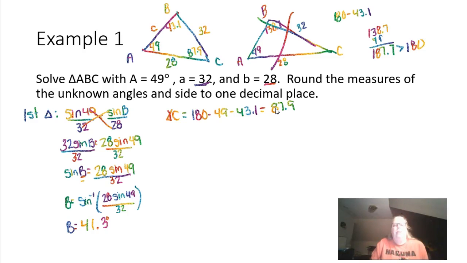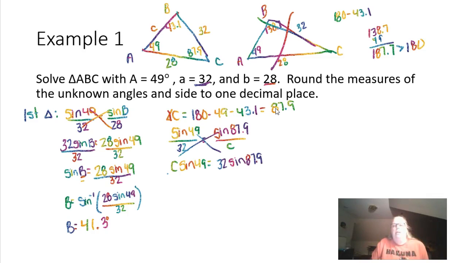I'm going to use angle A with side a because that was our given information. The sine of 49 is to the side 32, just as the sine of 87.9 is to side c. Let's cross multiply. We'll have c times the sine of 49 on the left, 32 times the sine of 87.9 on the right.